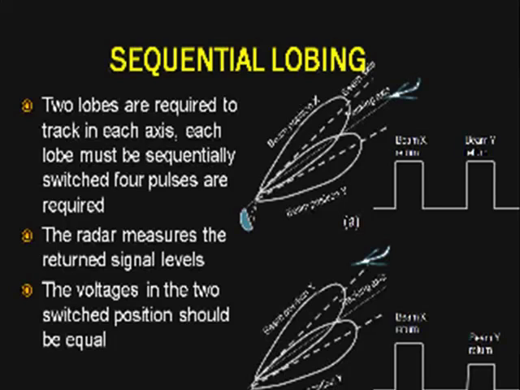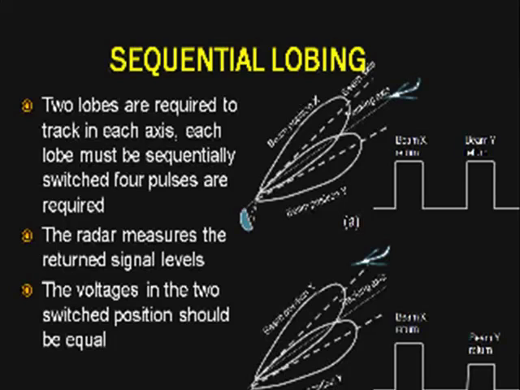So in the diagram shown, the target is coming in a particular direction which we can say as the tracking axis, whereas the beam is having a different direction called beam axis.